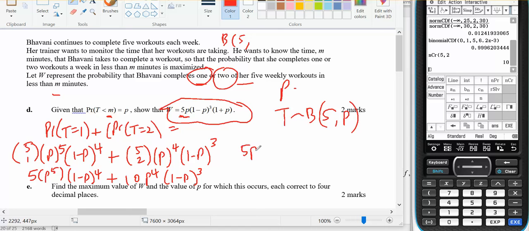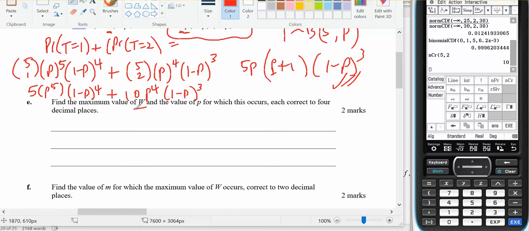So if I take a 5 and a p out, it's only worth 2 marks. I reckon I got most of it. I'm just going to fudge the rest of this because I'm going to have enough that's going to give it to me. Plus 1 minus p cubed. Done.